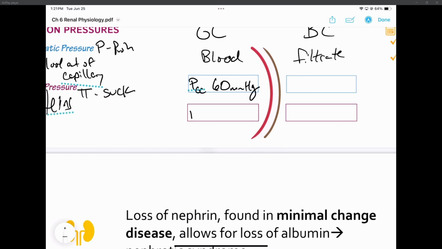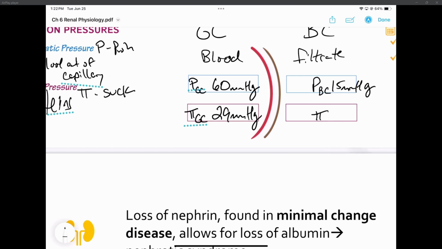The oncotic pressure in the glomerular capillary is about 29 millimeters of mercury. These are the oncotic pressures and the hydrostatic pressure just in the capillary as it gets to the nephrons, into the Bowman's capsule. On the Bowman's capsule side, the hydrostatic pressure of the Bowman's capsule is 15 millimeters of mercury.